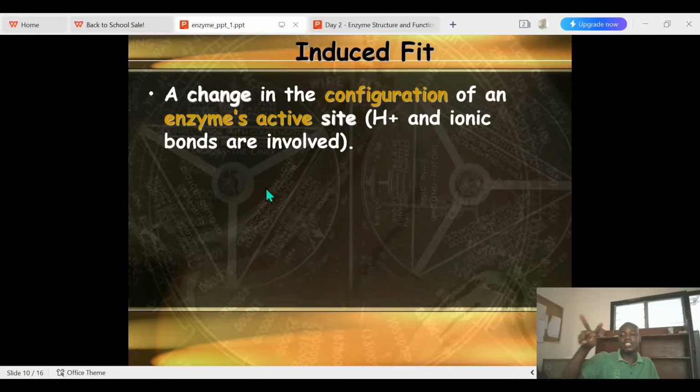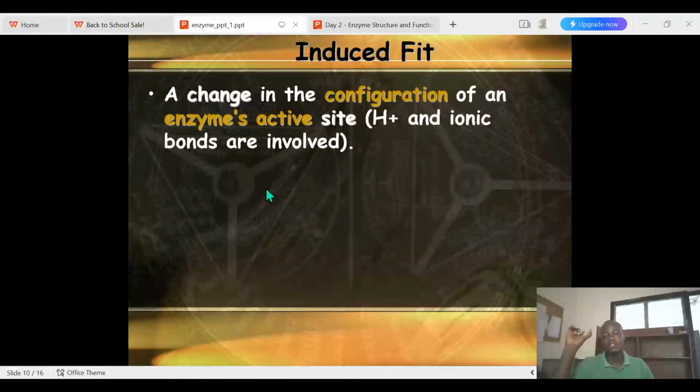So a binding site is a region where the substrate binds, while the catalytic site is a region in the active site where the substrates are converted into product. So that is what we call active sites.